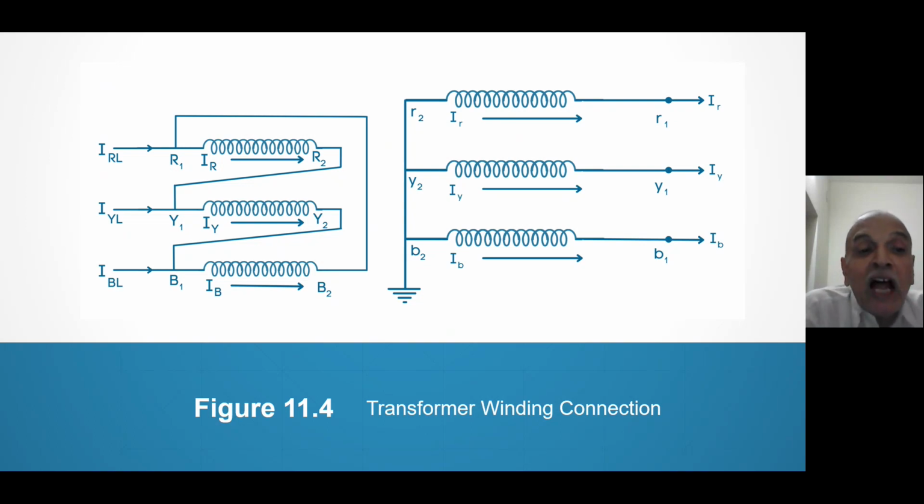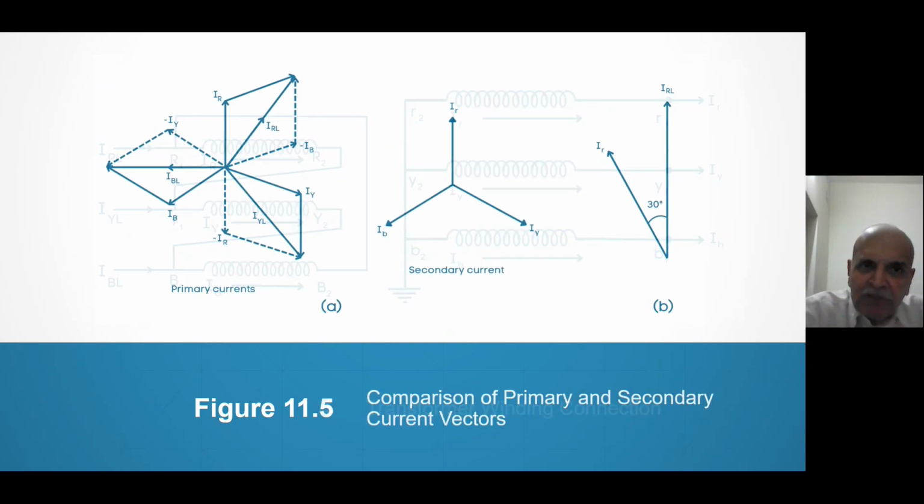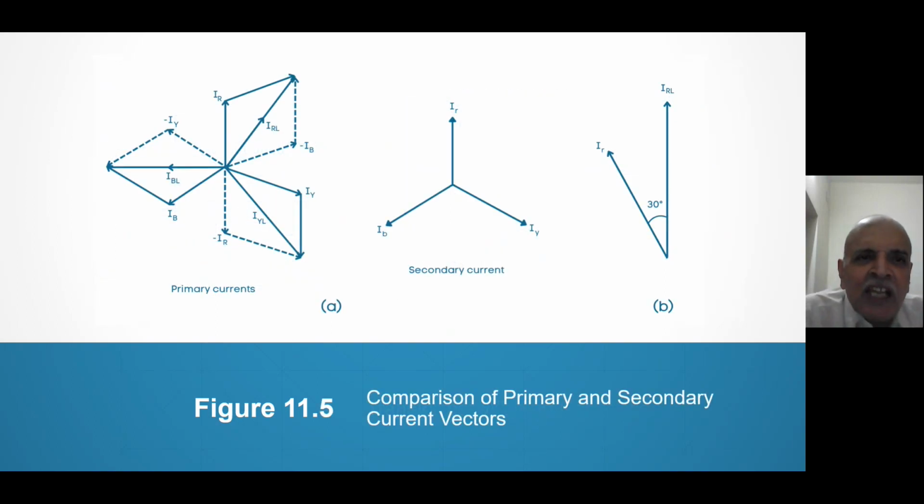So IRL is equal to IR minus IB. IYL is equal to IY minus IR, and IBL is equal to IB minus IY. And when you plot it, the characteristic IRL is equal to IR minus IB. IRL, IYL, IBL you are seeing. So IRL is at 30 degree to vertical. But your secondary winding is IR, IY. We have used small r so that you can understand that it is secondary winding.